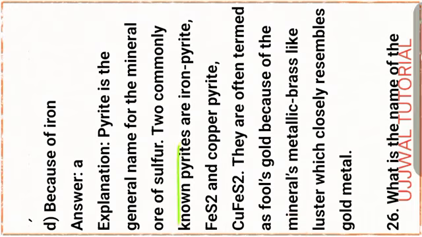Two commonly known pyrites are iron pyrites, FeS2, and copper pyrites, CuFeS2. They are often termed fool's gold because of the mineral's metallic, brass-like luster, which closely resembles gold metal.